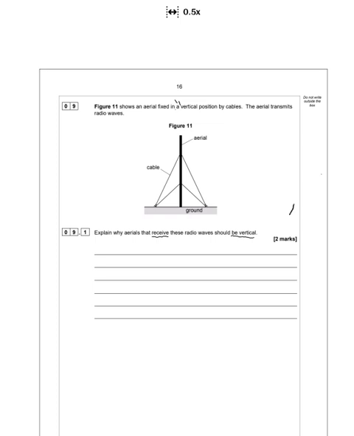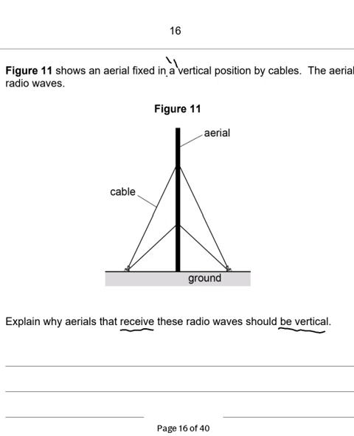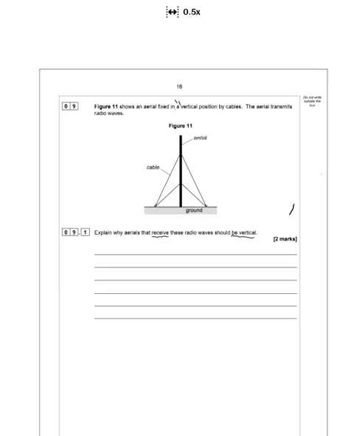Now in this question, we have to explain. When the word explain comes, you have to tell the why, the reason behind it. One of the important reasons, if you remember, is that we have different polarized waves. Polarized waves means they can travel in only one plane.